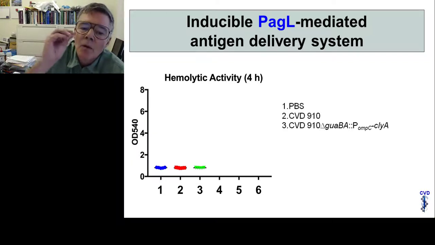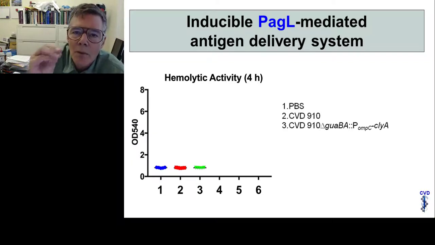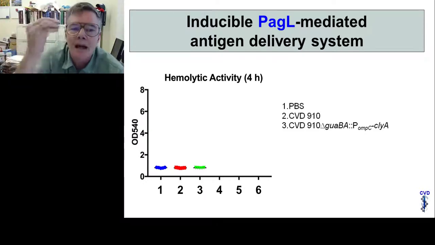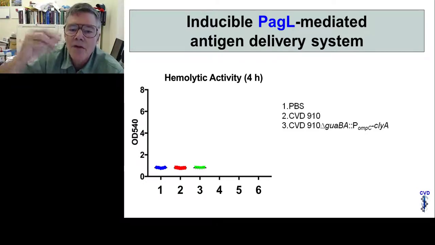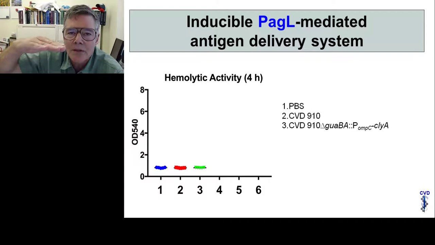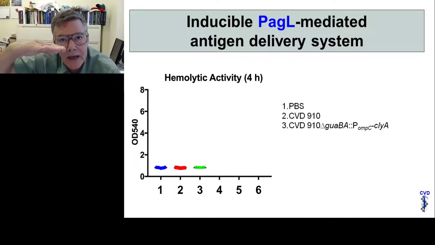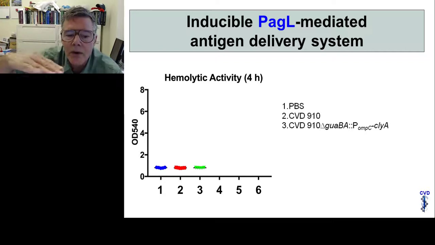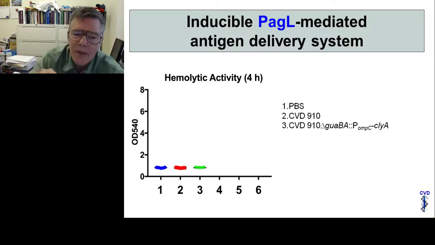We engineered the ribosome binding site in front of PagL so that version 1 is an optimized ribosome binding site, so we get lots of PagL. Version 2 is a less efficient ribosome binding site, so we get less PagL, less hemolytic activity. And version 3 was an unoptimized ribosome binding site, and we got the lowest expression of PagL and the lowest hemolytic activity.